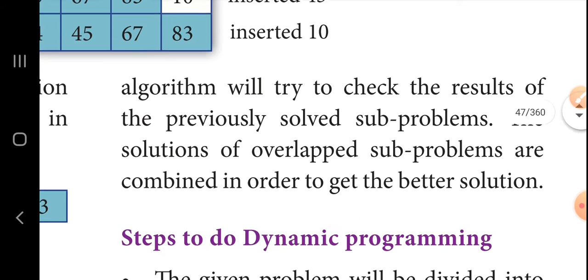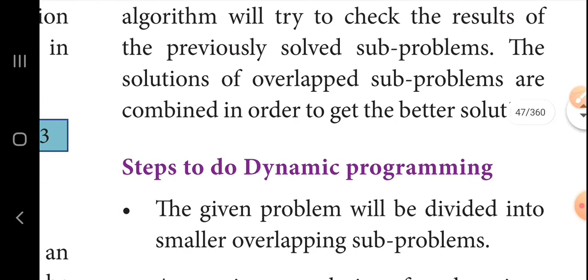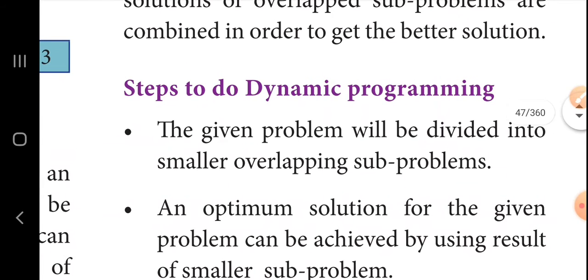Now we can see the steps needed for the dynamic programming approach. The first step is to divide a given problem into smaller overlapping sub problems. The second step is to find the solution of the sub problems and join them to find the solution of the given problem.